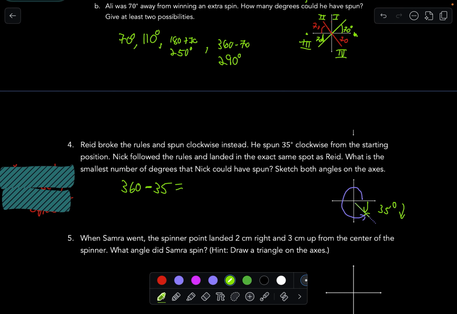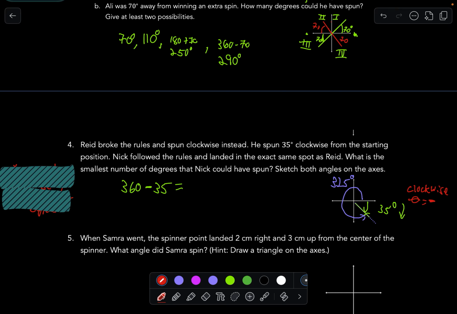So this blue angle is 325 degrees. Now you have both angles. You have to know this clockwise spin that Reed did because he broke the rule. This is clockwise, so theta is negative.